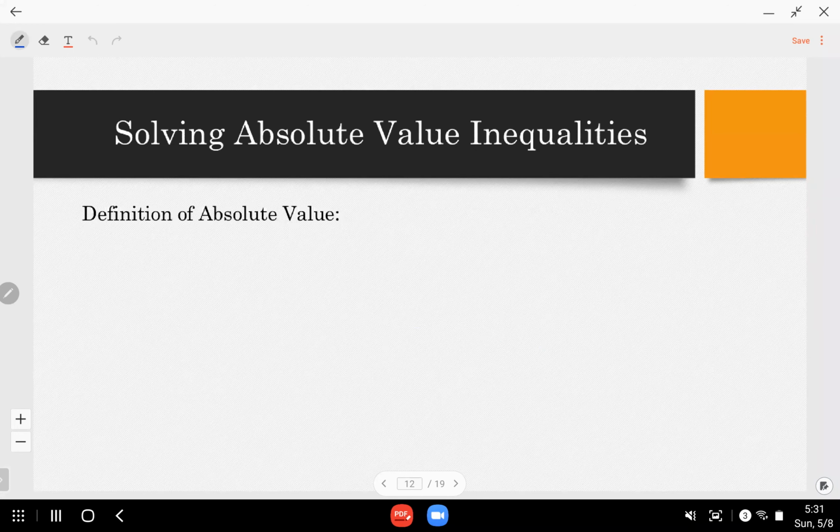To solve absolute value inequalities, we need to know the definition of absolute value. What is the definition of an absolute value? The distance from zero is a geometric definition. What about the algebraic definition?